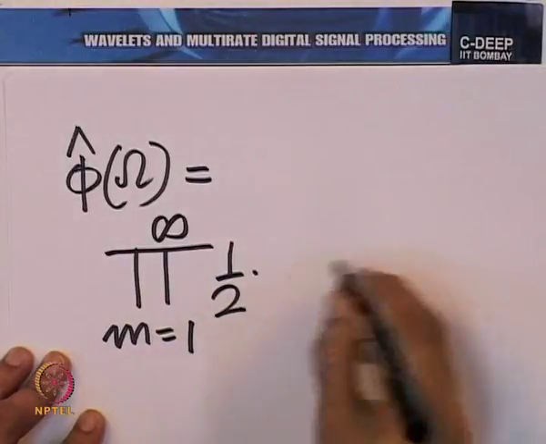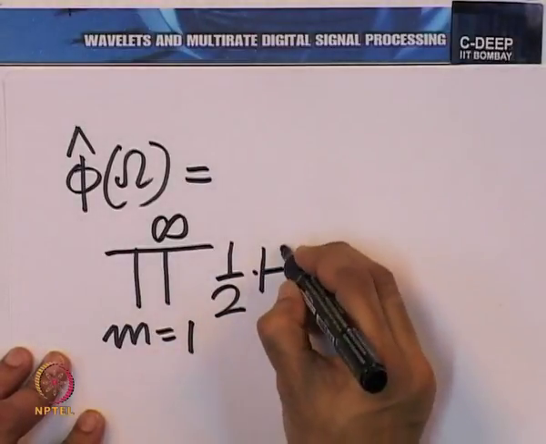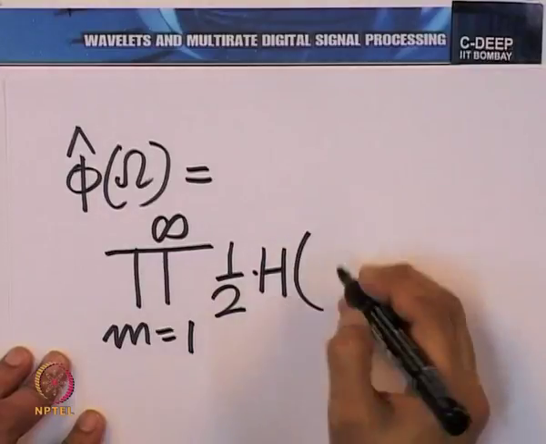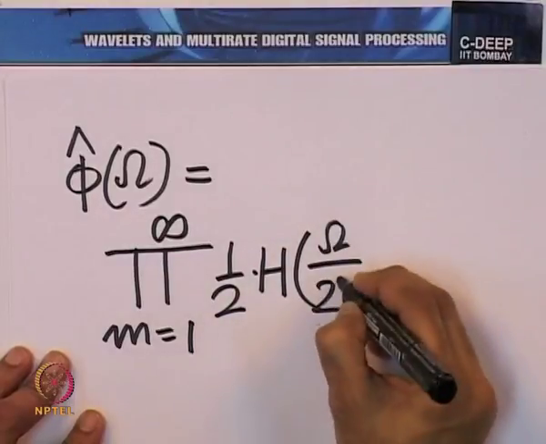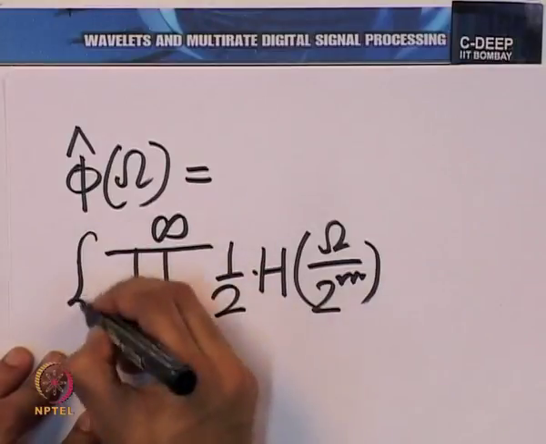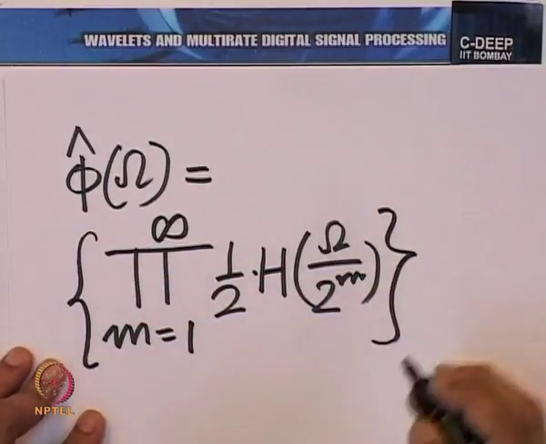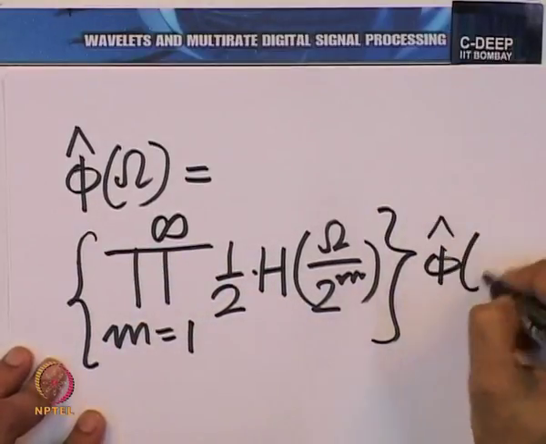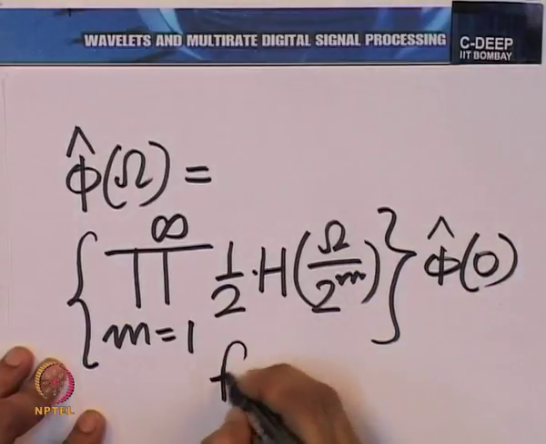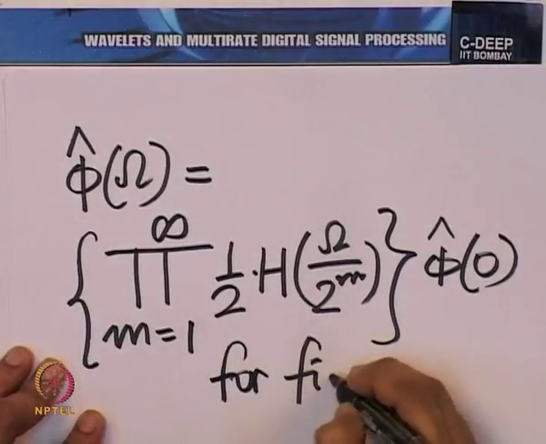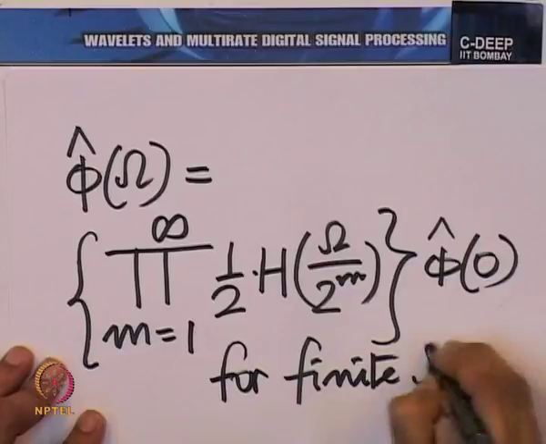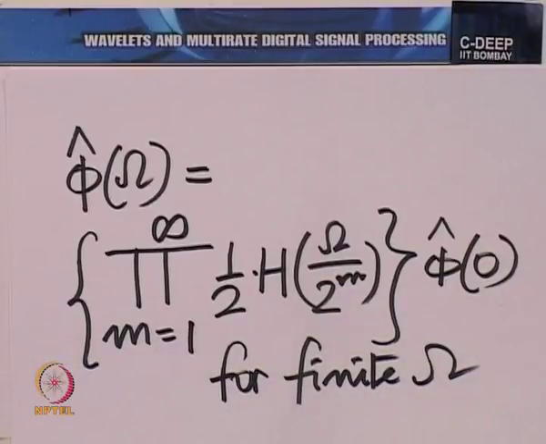Remember, the half occurs with each of these terms in the product. Now, we have to be careful and say for finite capital omega, but that is not a very serious problem.